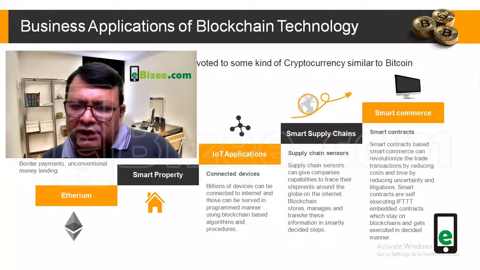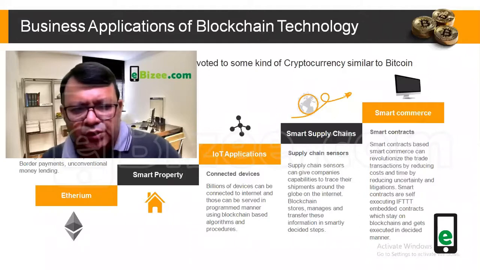So smart contracts based smart commerce can revolutionize trade transactions by reducing cost and time, and by reducing uncertainty and litigations. Smart contracts are self-executing IFTTT embedded contracts, which means if this, then that. So this kind of smart procedure is possible in contracts, and they are self-executable.